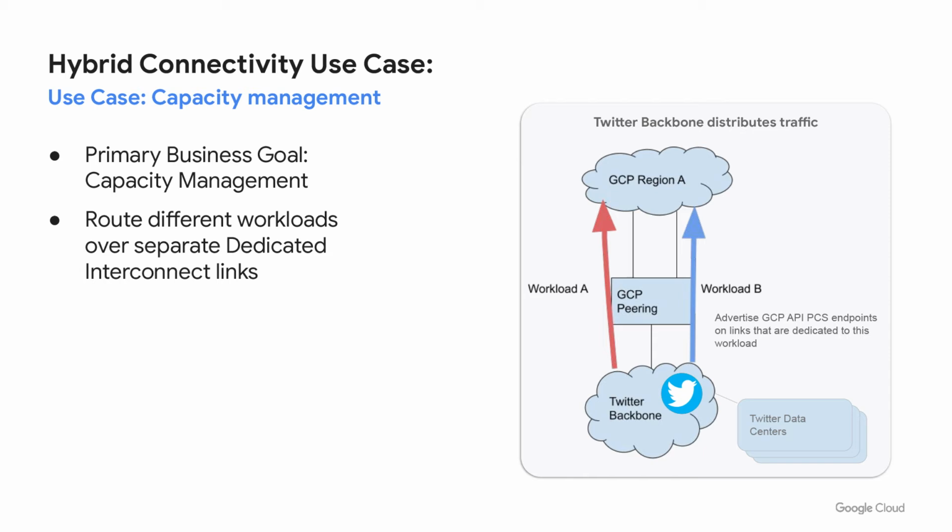Advertise private Service Connect endpoint IPs selectively over the links dedicated to this workload. Traffic for the private Service Connect endpoint is limited to the bandwidth that is provisioned for the dedicated interconnect. This way, your workloads are running over separate links and not going to cause congestion.